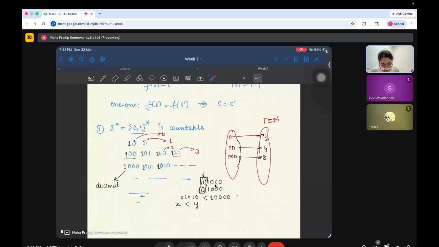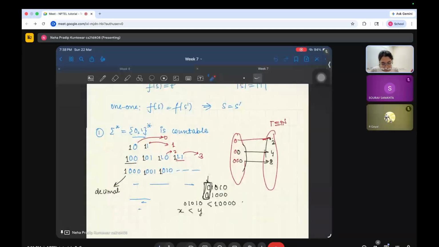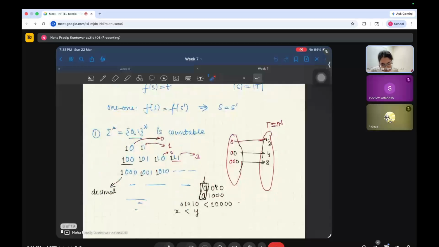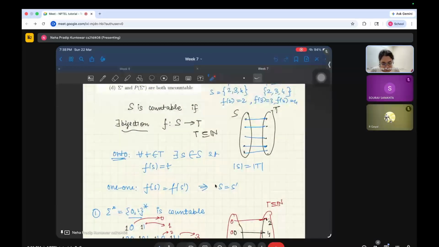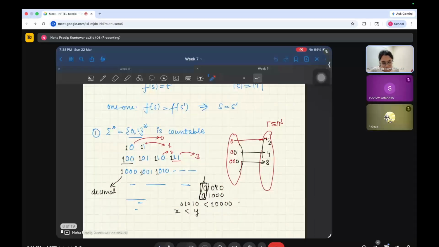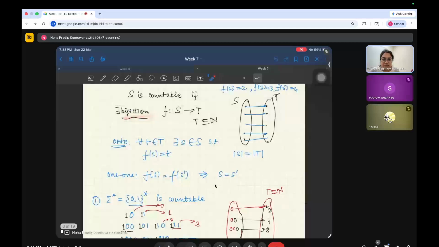So let's look at this. This is our function f from S to T. S is the domain here and T is the set on the right-hand side, and f tells us how these elements are mapped. Given an element of S, where will you map it to in T? We defined what a bijection is.